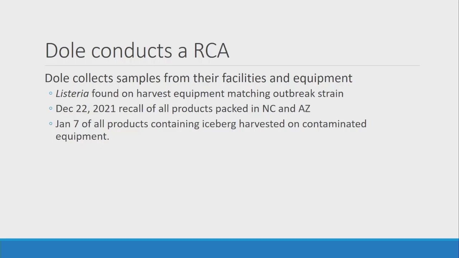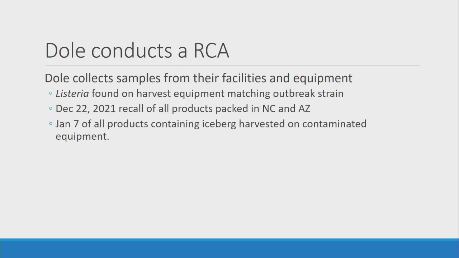They actually went in and said, okay, what do those two lettuce have in common? They were checking their facilities. They were looking for Listeria, doing some fantastic Listeria environmental monitoring, looking for it. What they managed to figure out was that the lettuce in those two different facilities actually came from the same piece of harvester equipment.